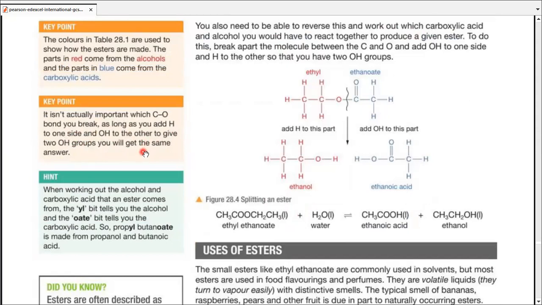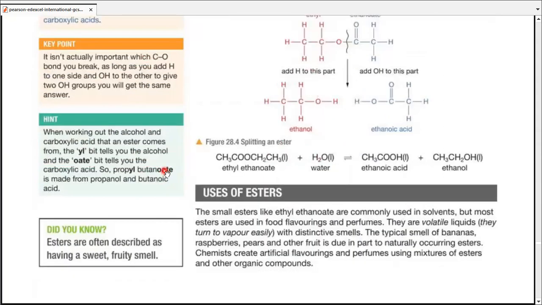The other OH group is the sole OH group, which is the identification of the alcohol itself. Last but not least, there is a hint at the bottom. When working out the alcohol and the carboxylic acid, an ester's alkyl bit tells you the alcohol part, and the other bit tells you the carboxylic acid part. I think I have explained it already, so let's move forward.